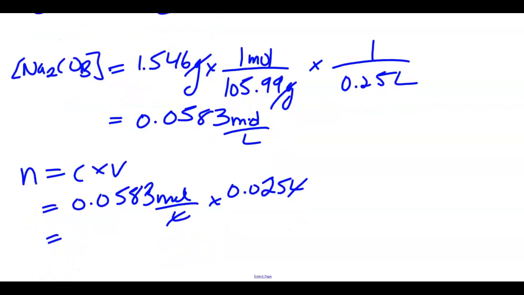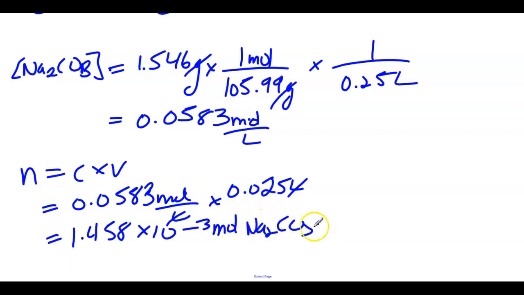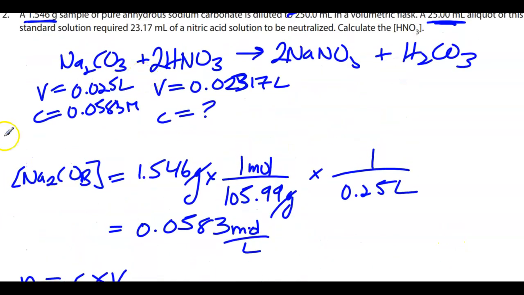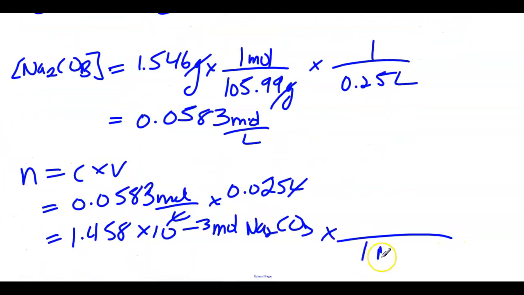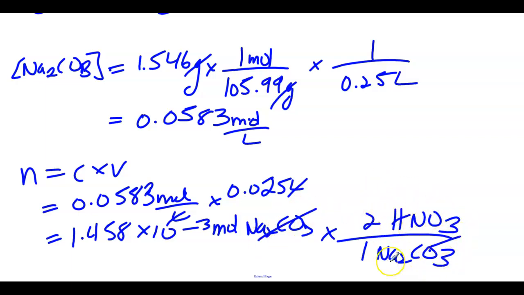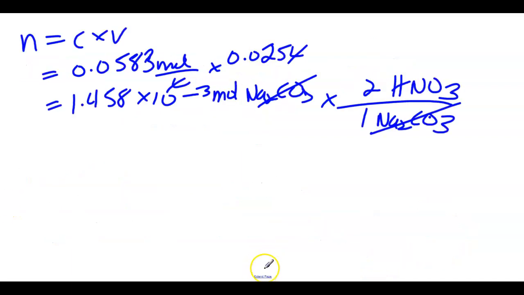That gives us our moles of sodium carbonate, which is 1.458 times 10 to the negative 3, for Na2CO3. And then our mole ratio: for every 1 Na2CO3, we have 2 nitric acids, right? So basically we're going to double this to get our mole value for our acid.